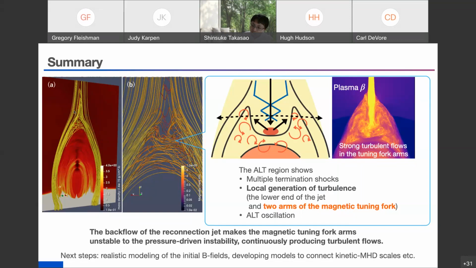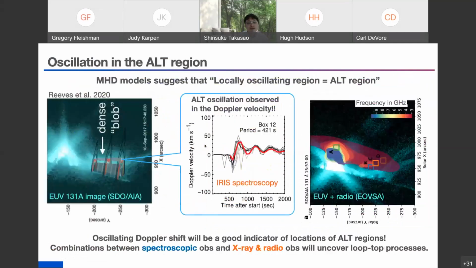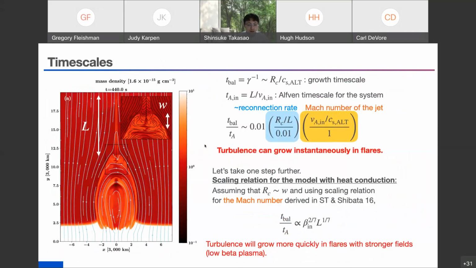I'm aware that turbulence can be generated in the reconnection region and the current sheet layers. And the point of my talk is that the turbulence can be generated locally without the injection of turbulent flows. Yeah, very interesting. Thank you. Yeah, the time scale, that 400-second something, right, so the growth time scales can be much shorter than the system evolution time scale.